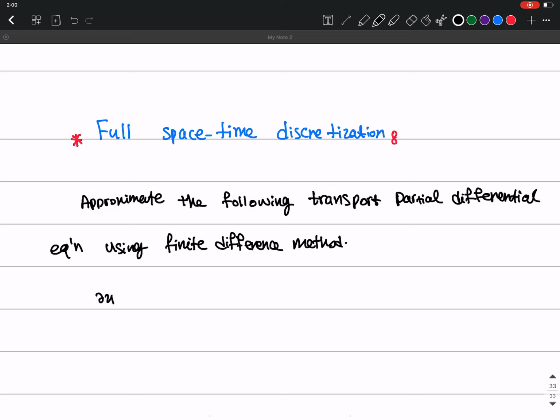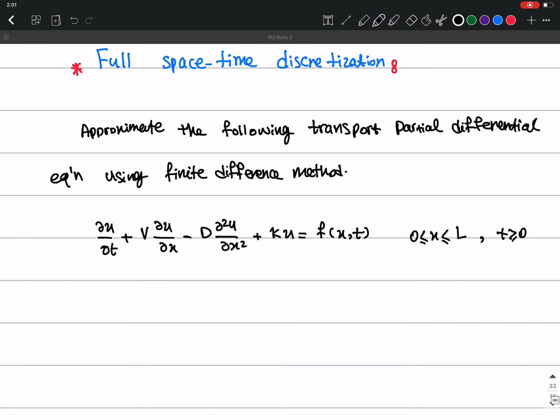It is partial u over partial t plus v partial u over partial x minus D partial squared u over partial x squared plus kappa u equals f(x,t), where x is between 0 and L and t is greater or equal to 0.